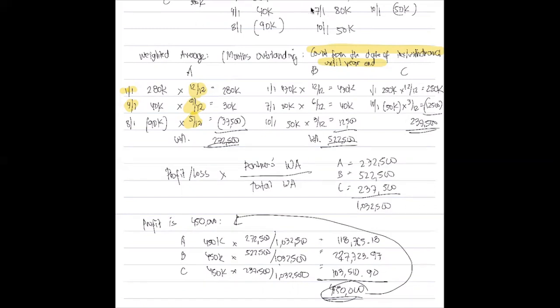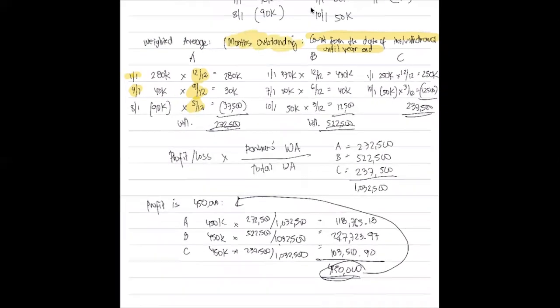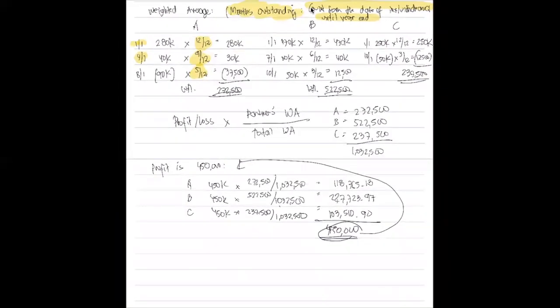So, pansinin ninyo anong ginamit natin? Months outstanding. Okay. Another method to compute for your weighted average, we have your months unchanged. So for your months unchanged, you get the balance of the capital multiplied by the months unchanged.